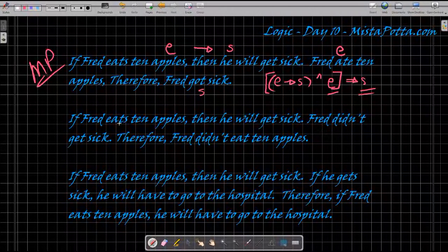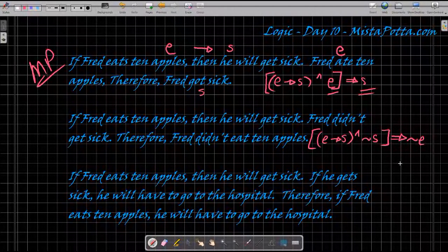Here I've got, if Fred eats 10 apples, then he will get sick. That's the exact same conditional. But now I'm saying Fred didn't get sick. So that's the negation of S. And I'm saying that this implies that he did not eat 10 apples.